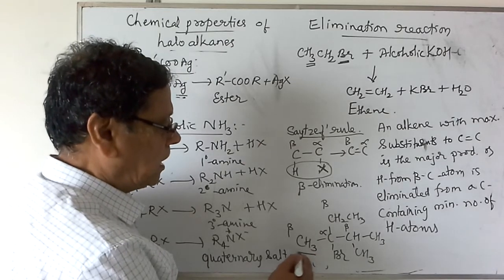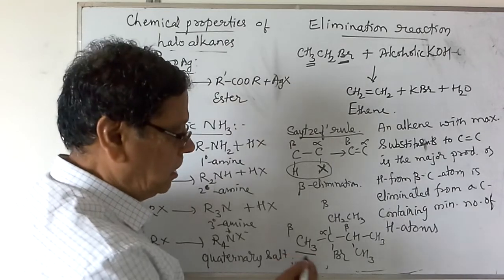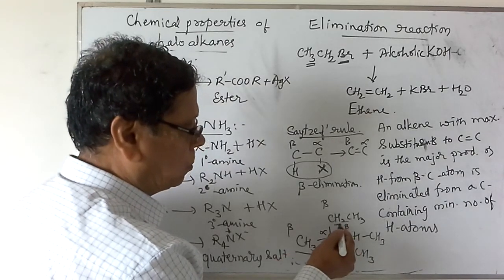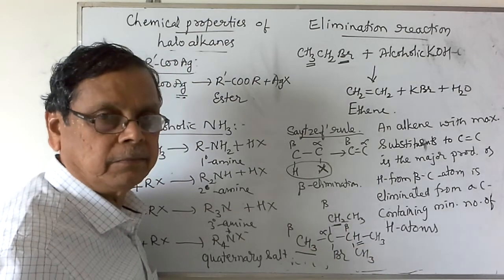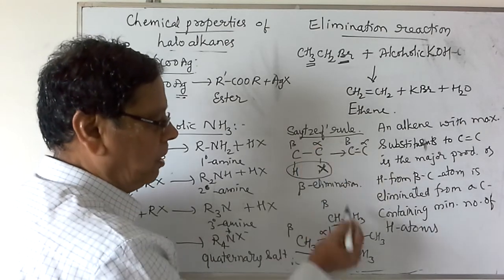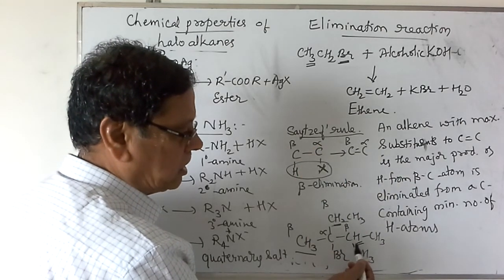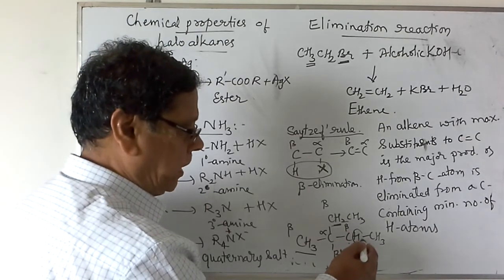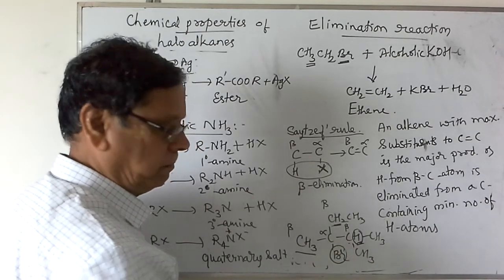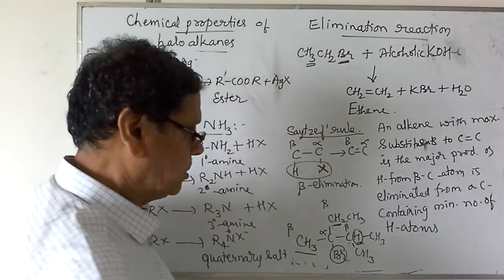To this beta carbon atom there are 3 hydrogen atoms. To this beta carbon atom there are 2 hydrogen atoms. While this beta carbon atom contains only 1 hydrogen atom. So according to Saytzeff's rule, from the carbon containing the least number of hydrogen atoms, hydrogen is eliminated along with the halogen atom.